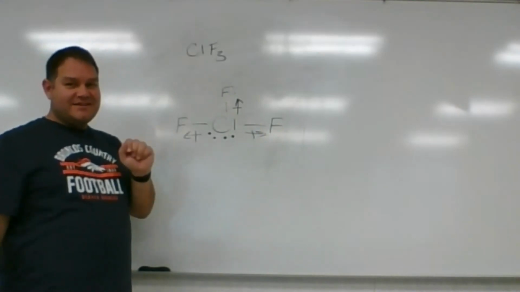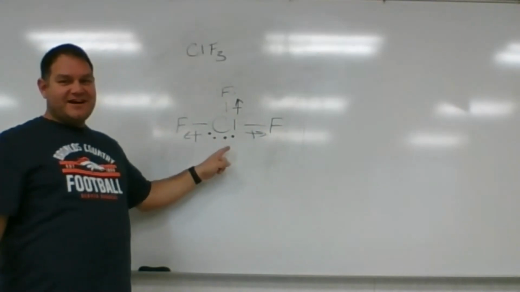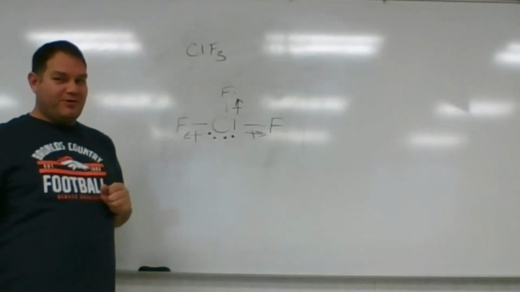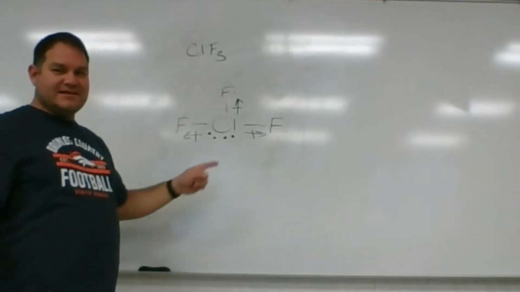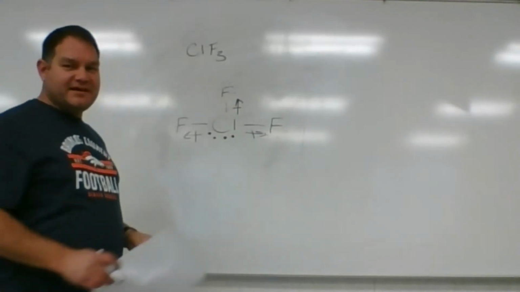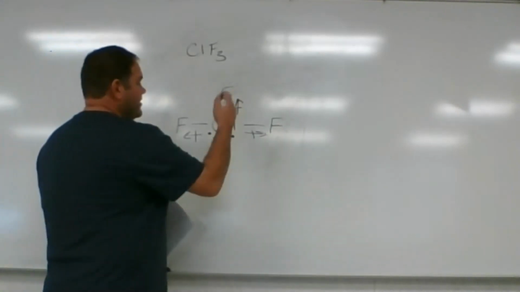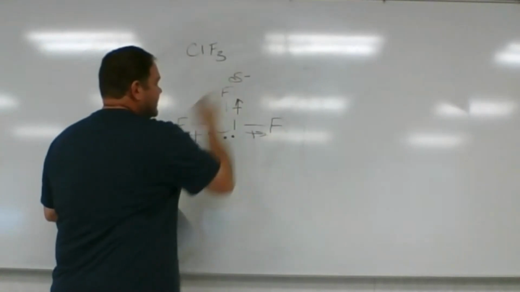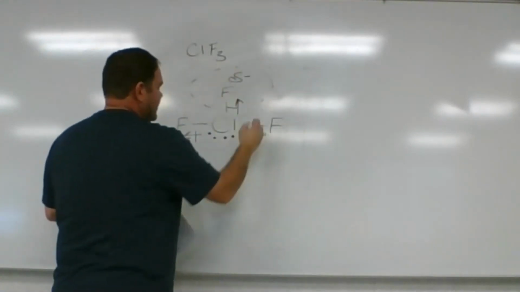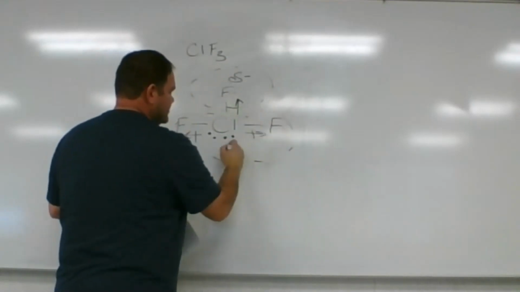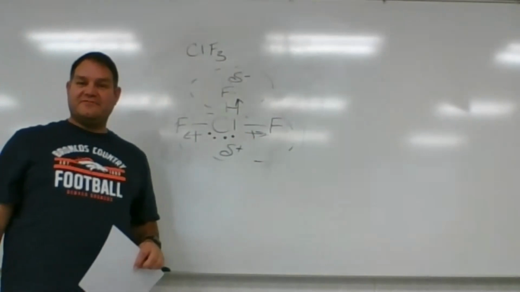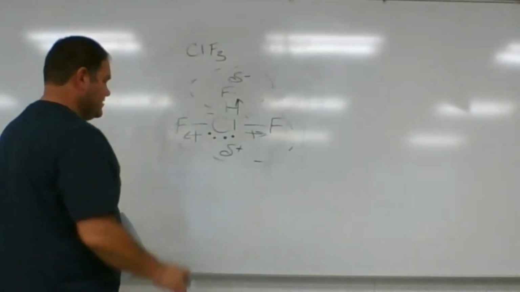As I said, 99% of the time, if you have lone pairs on the central atom, it's probably going to be polar. And indeed it is, and this upward dipole is not being canceled out. Oh, by the way, this would be slightly negative, so this is our negative region. Down here would then be our slightly positive region. I probably should put in those negative and positive regions.